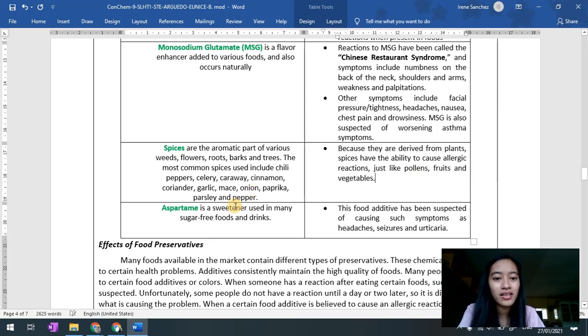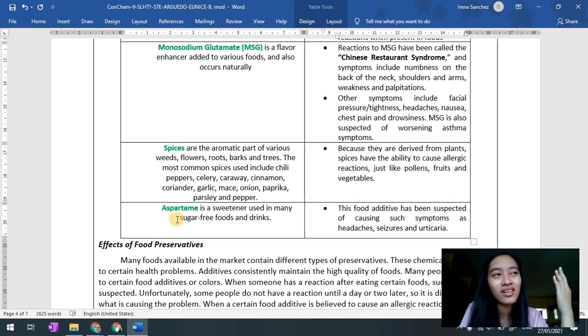Last, aspartame, a sweetener used in many sugar-free foods and drinks. So, if the label says 0% sugar, like Coke Zero, they still add aspartame.